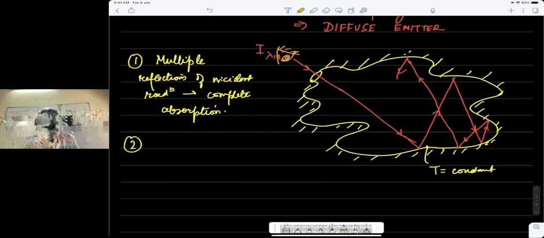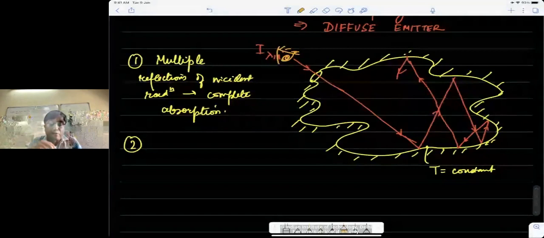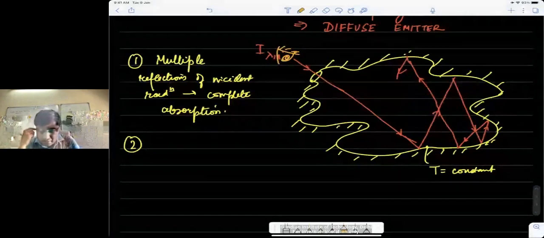When this cavity emits because of its finite temperature, the emission itself will undergo many reflections within the cavity. Keep remembering that each point on this cavity is emitting radiation. So whatever emerges from this aperture would have no directional sense because it would have undergone so many reflections.